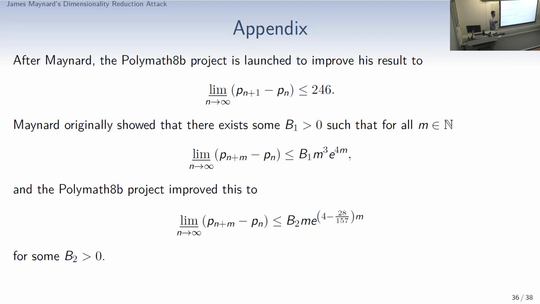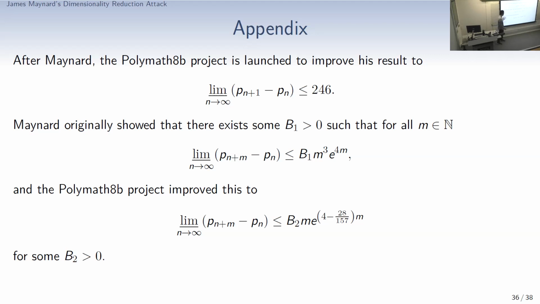And for the bounded gaps between many primes, James Maynard actually has an explicit expression for that. He proves that there is some absolute constant, he didn't show what it is, and then multiplies it by some increasing function of m. So he has this bound for the gaps between many primes.